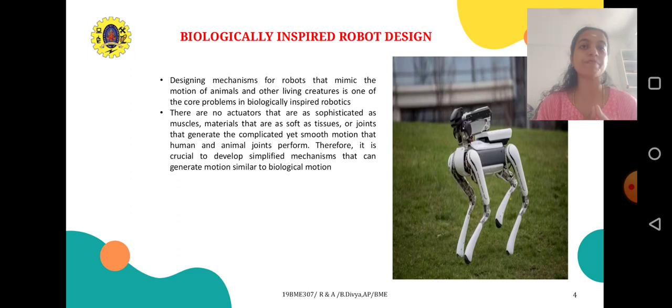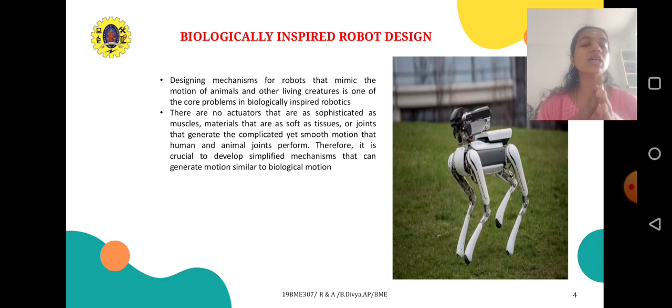As we all know, no materials are as soft as tissues, and no joints generate the complicated yet smooth motions that human and animal joints perform.